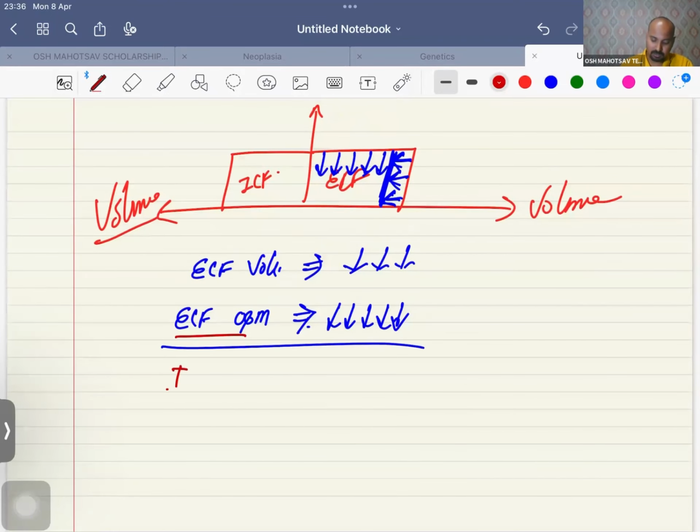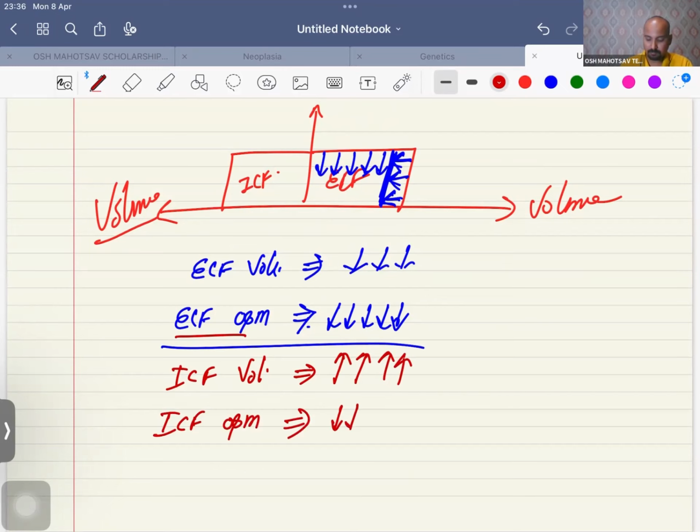If ECF osmolarity decreases, in that case ICF volume will increase. And if ICF volume increases, then ICF osmolarity will decrease until ECF and ICF osmolarity become the same. So now we apply this in ICF.